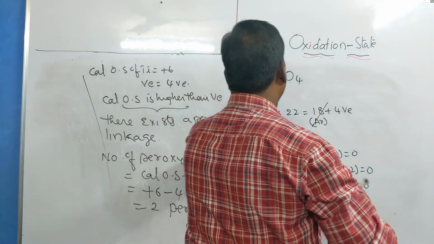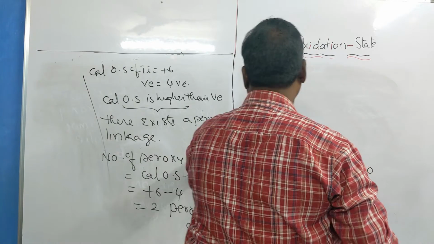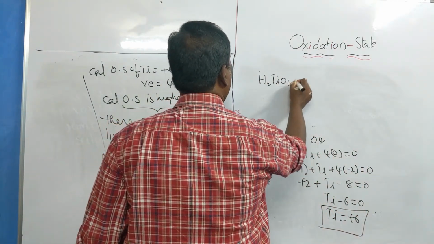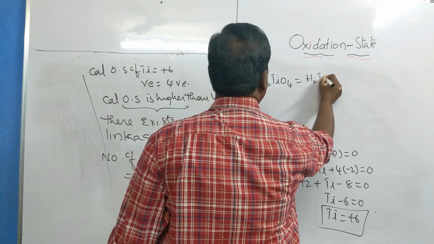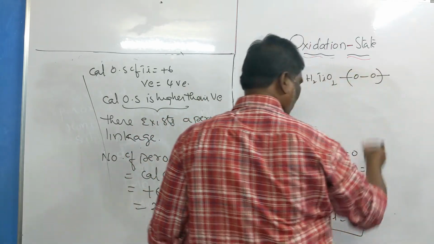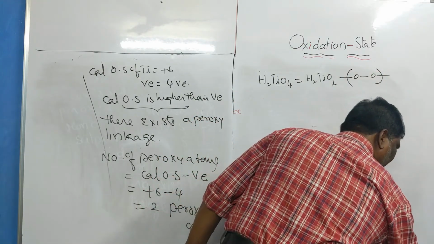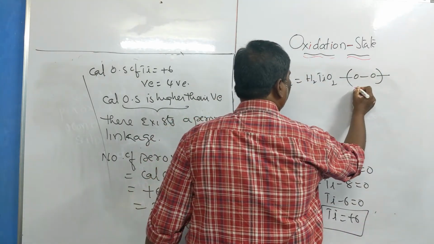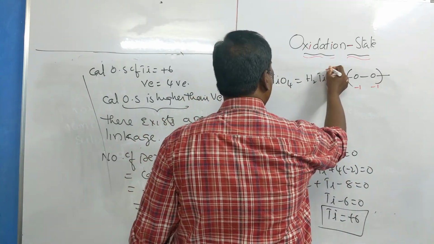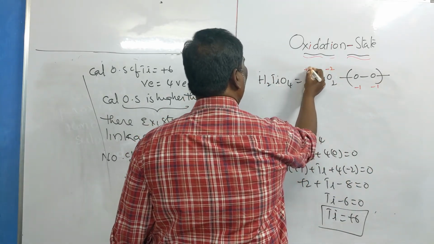Let us calculate the oxidation state of this one. H2TiO4 is written as H2TiO2 and 2 peroxy atoms. I told you for peroxy atoms the oxidation states are taken as -1, -1, whereas for general oxygen it is -2. Hydrogen is +1.